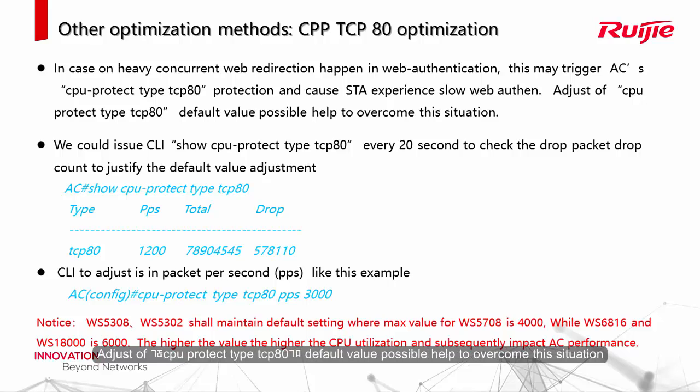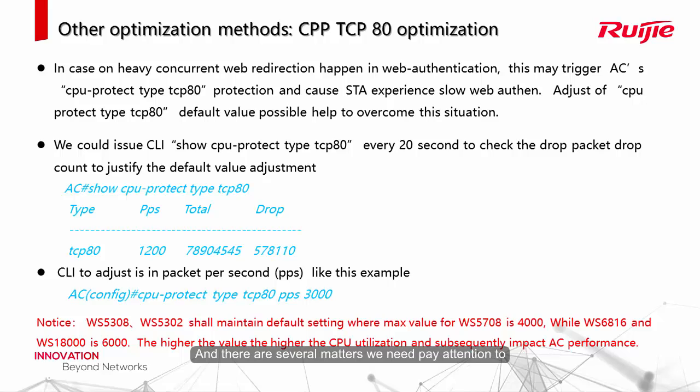Adjust of CPU protect type TCP at zero default value possibly helps to overcome this situation. We could issue CLI, show CPU protect type TCP at zero every 20 seconds to check the packet drop count to justify the default value adjustment. And the command is shown in the slide.